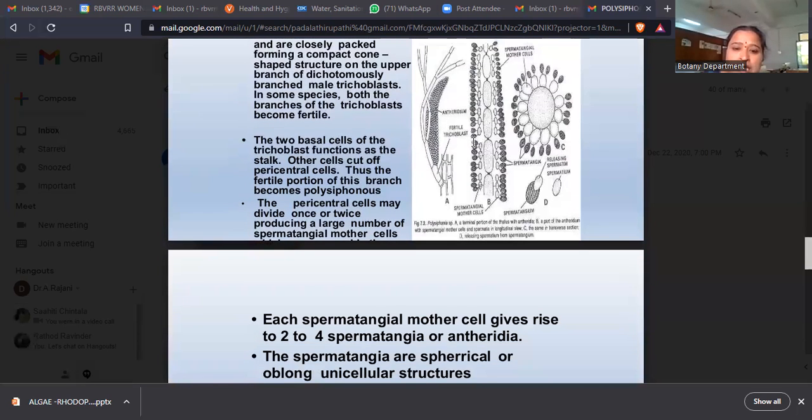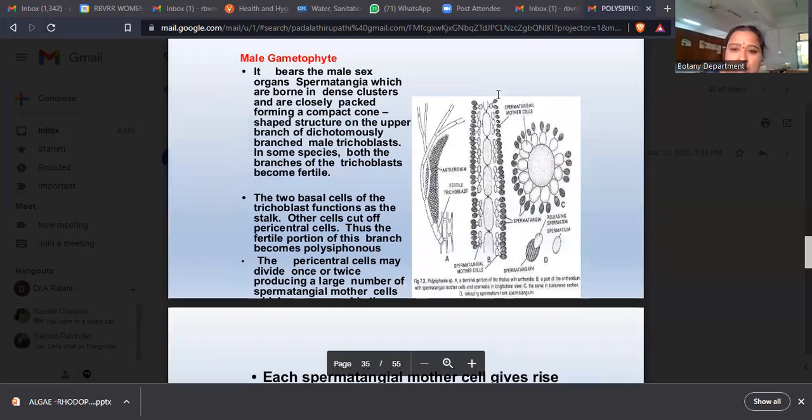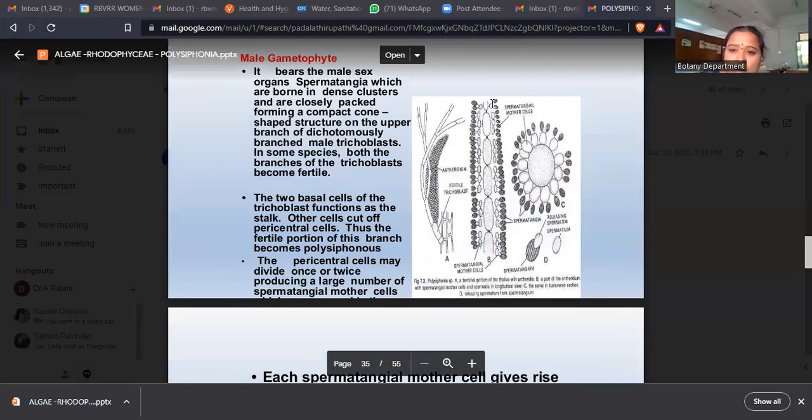See these are the spermatangia. This is the trichoblast. This in the middle is the spermatangial mother cell, and these are the spermatia or spermatangia.